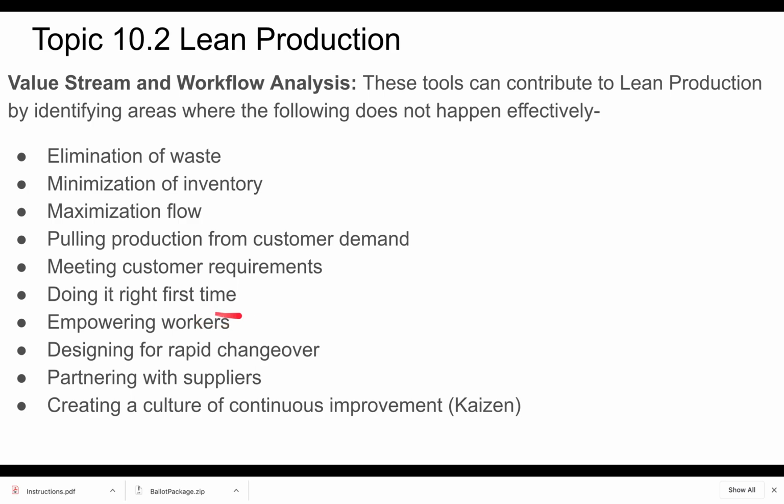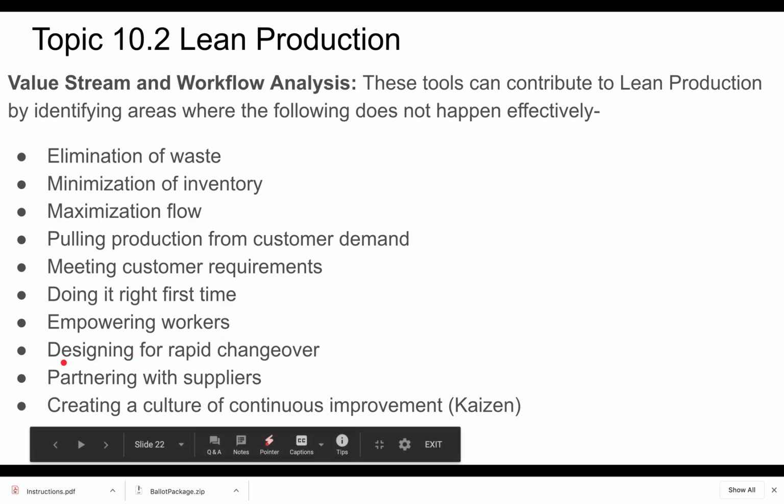Unempowered workers, the opposite of this, are not empowered to make decisions. They're not going to be invested. They're not going to want to improve systems. They're just going to say, well, whatever. So you want to make sure that workers have the power to suggest things, and that those suggestions are taken seriously and acted upon. You also want to be able to design for rapid changeover.